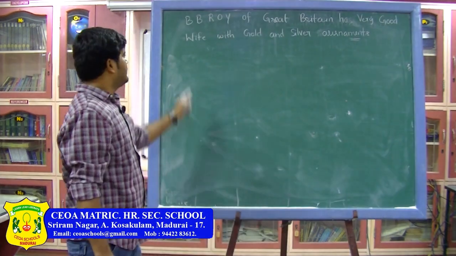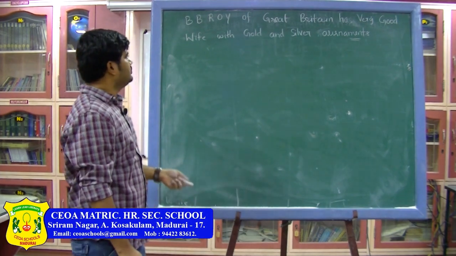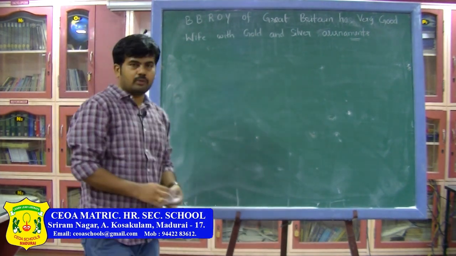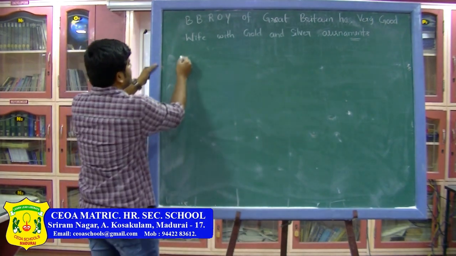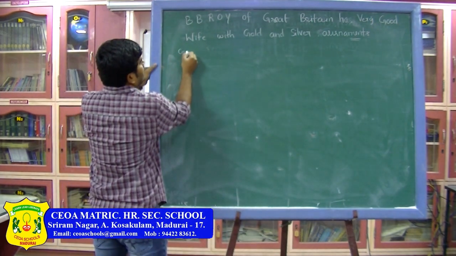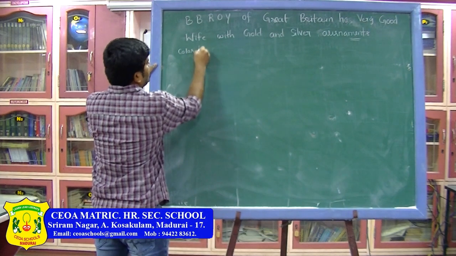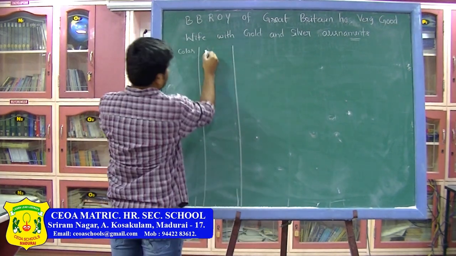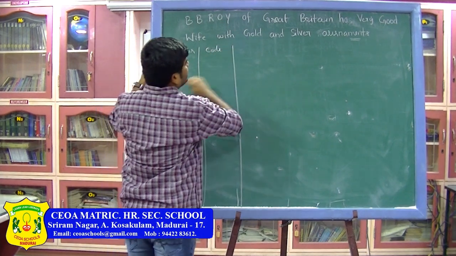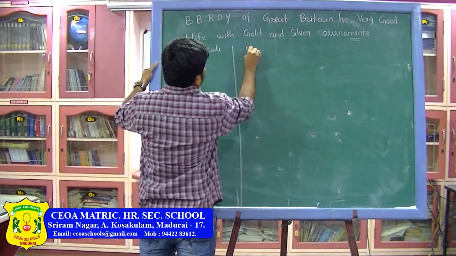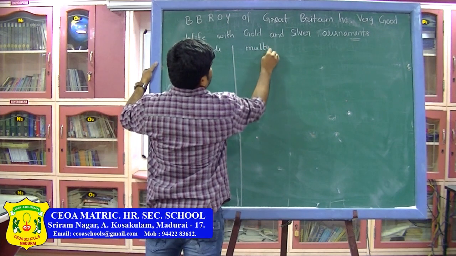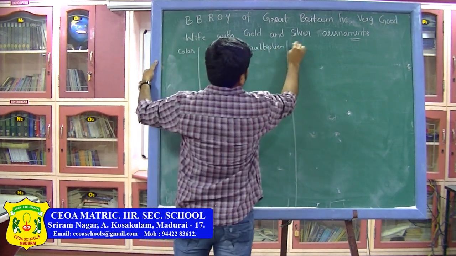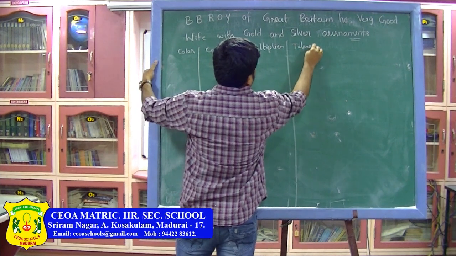Now let me explain the table for the color codes. The first column is the color name, the second column is the code, the third column is the multiplier value, and the last column is for tolerance.